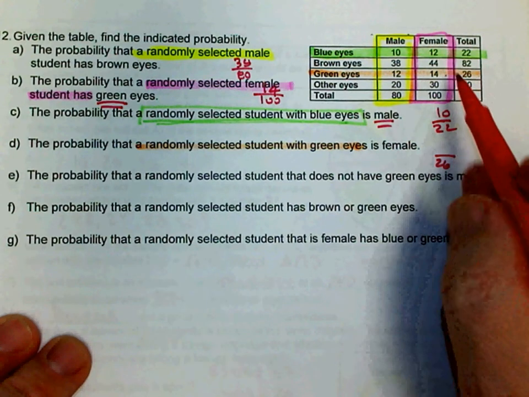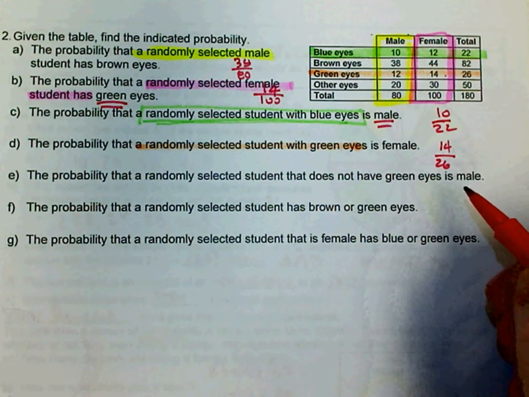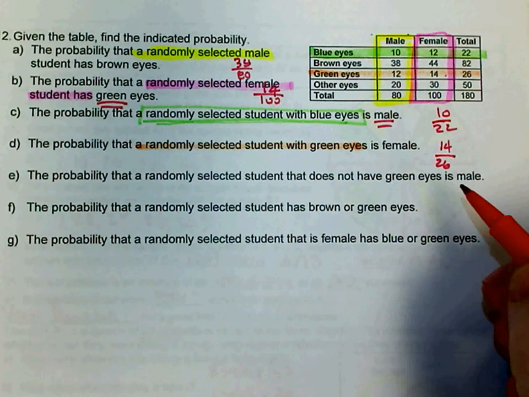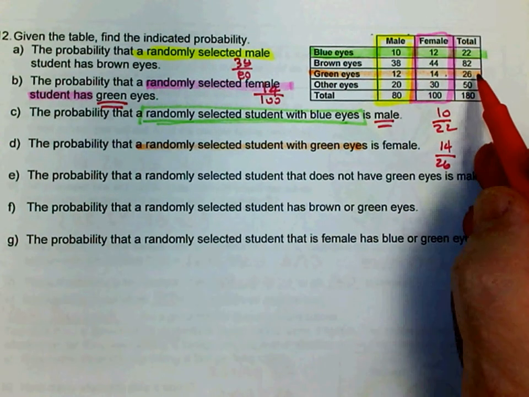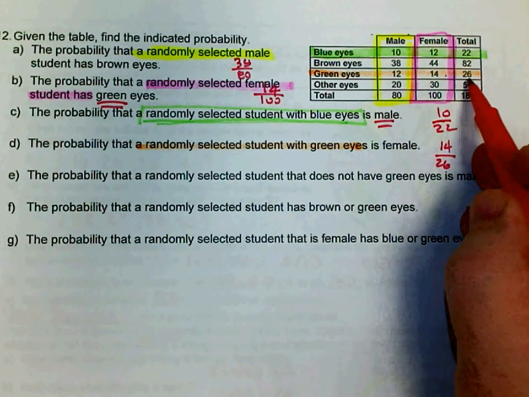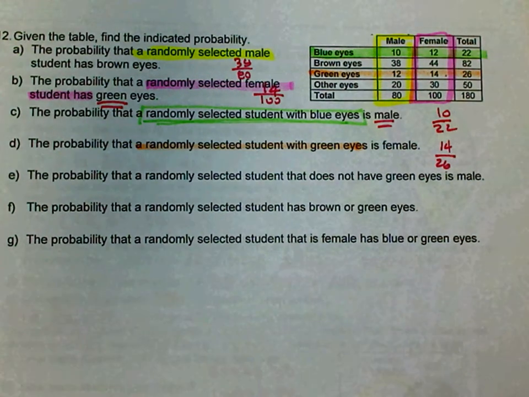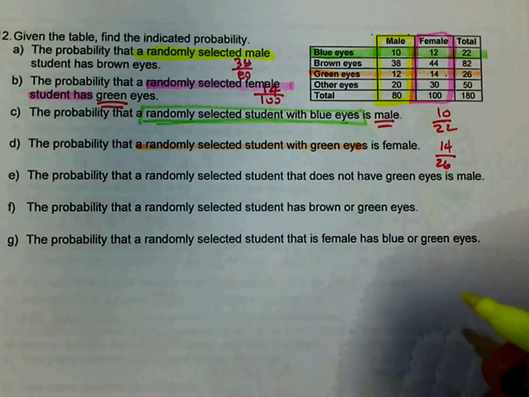The probability of a randomly selected student that does not have green eyes is male. Does not have green eyes would mean everything except the 26. And again, randomly selecting a person that does not have green eyes is our condition that we must meet.